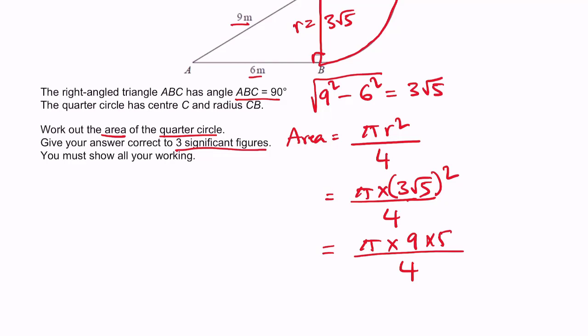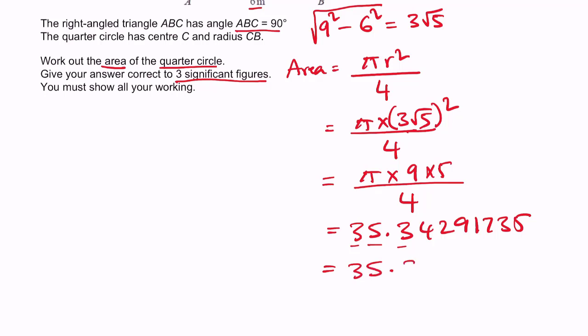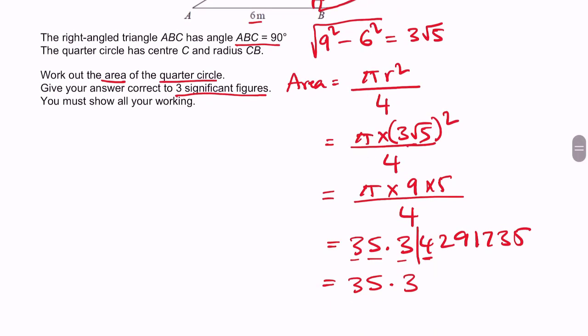That gives us an answer of, finally, 35.34291735. Now let's go ahead and round it to 3 significant figures, 1, 2, 3, 4 after that. So we need 35.3, because there's a 4 there, we don't need to add 1 to the 3, in meters squared, and that's the answer. Finally, that's the final answer for this one.